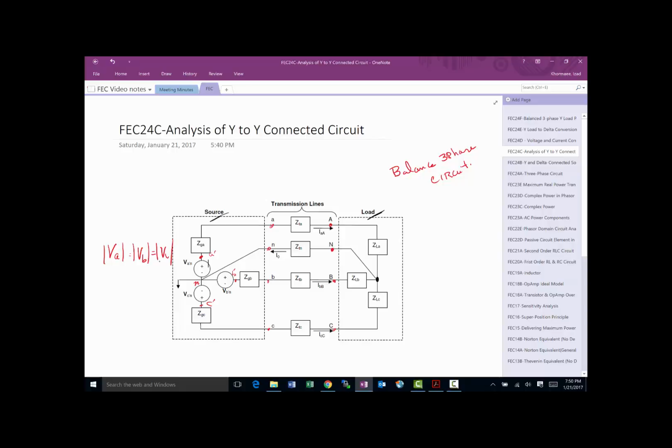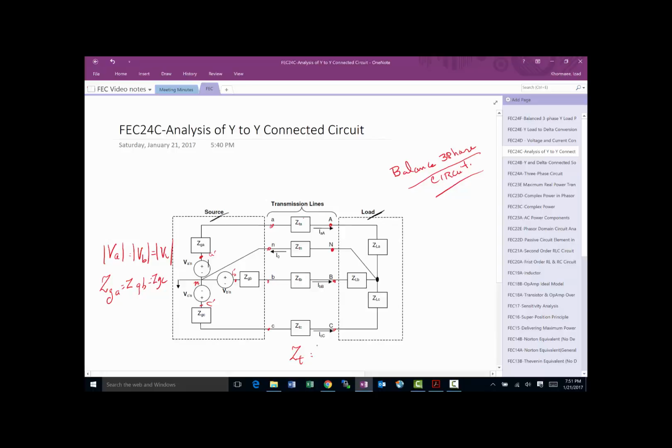The other thing that is really important for us to know is that if it's going to be a balanced three-phase circuit, then ZGA must be equal to ZGB must be equal to ZGC. Not only that, all the Z of the transmission lines must be equal. So this must be equal to that. All of these must be equal to each other.